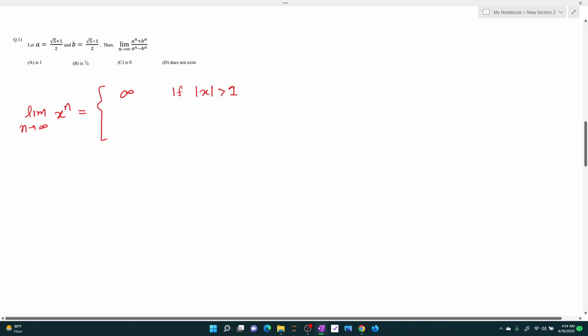So if x is greater than 1 and we take the power infinity, the answer is always going to be infinity. And it will stay at 1 if, let's only talk about positive numbers, x is equal to 1, right?